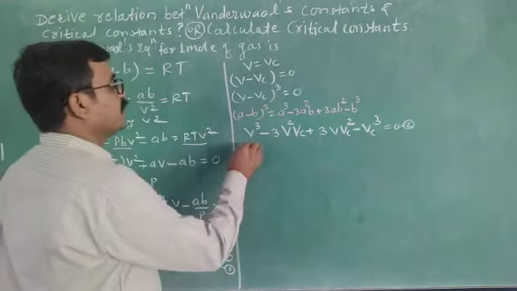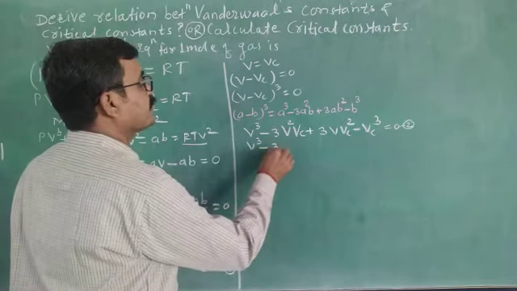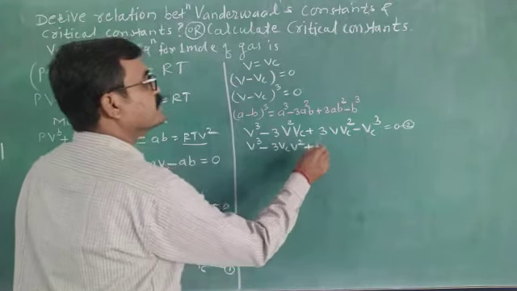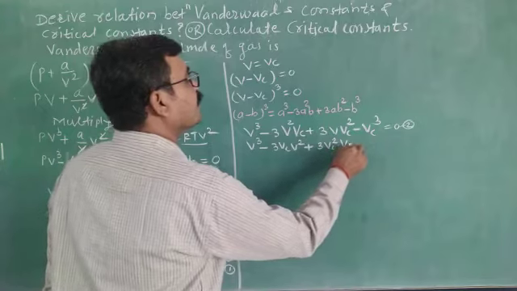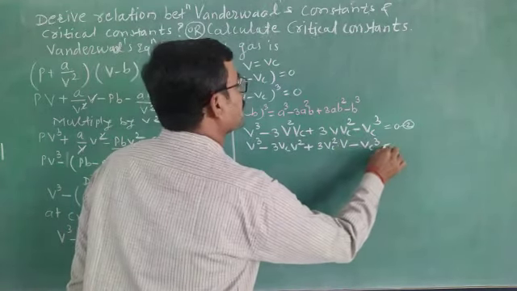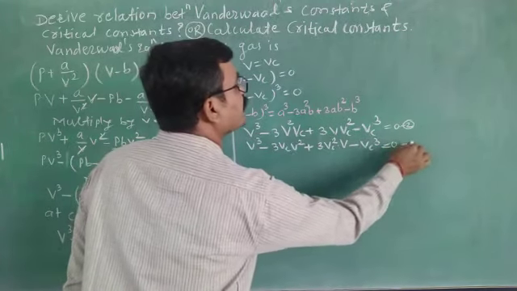This equation you may write in this way: V cube minus 3 Vc into V square plus 3 Vc square into V minus Vc cube, that is equal to 0. That is equation 2.